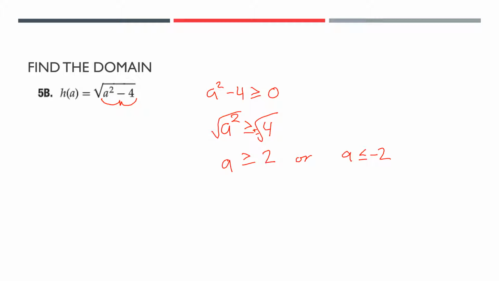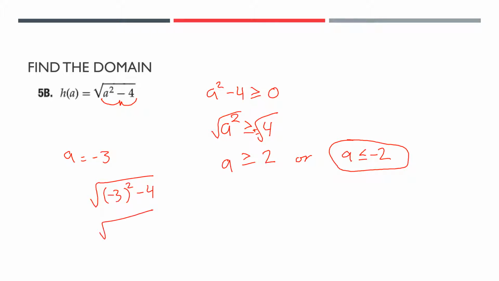Now, why would I say less than? Because this is where a lot of people get hung up. If a is negative 3, so let's try a equals negative 3. Then I get the square root of negative 3 squared minus 4. That's the square root of 9 minus 4.